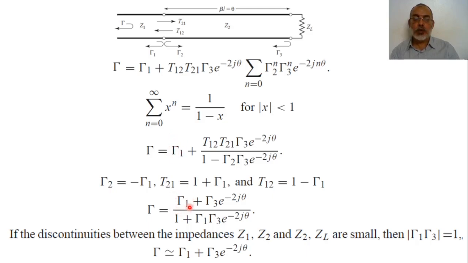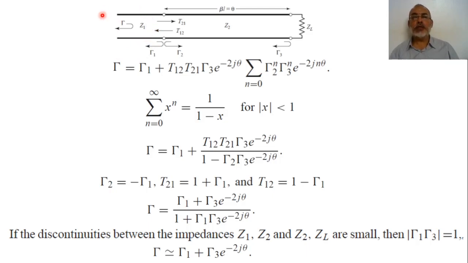The remaining part would be gamma 1 plus gamma 3 e to the power minus j2 theta over 1 plus gamma 1 gamma 3 e to the power minus j2 theta. This is the total reflection coefficient at the first transmission line section Z1.